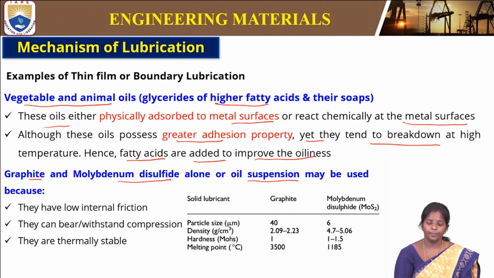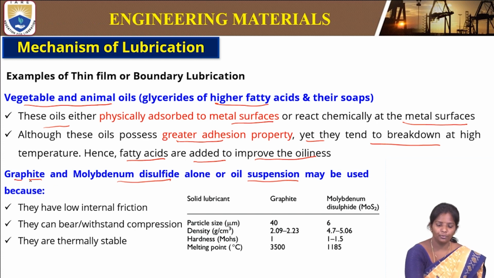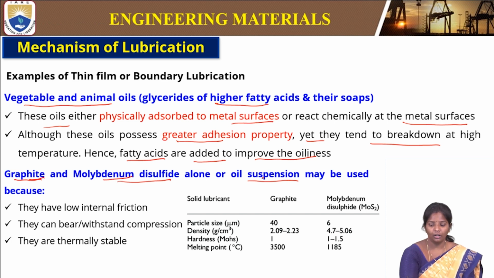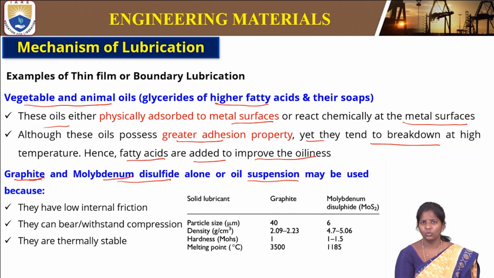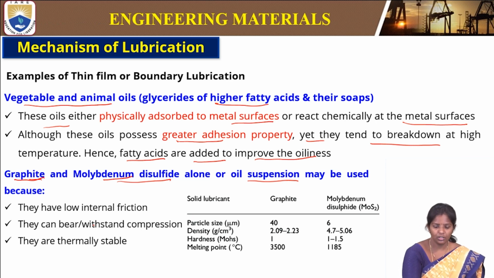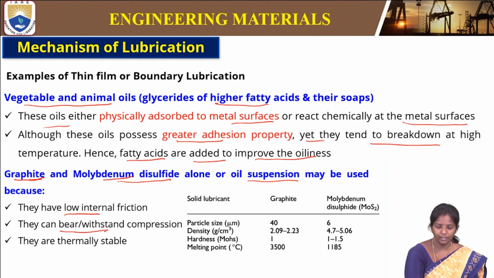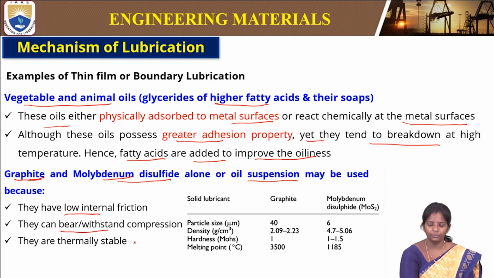These are the types of additives or lubricants that are used along with the oils, or in oil suspension, mostly in aircraft parts, because they have low internal friction, can withstand compression, and are thermally stable.